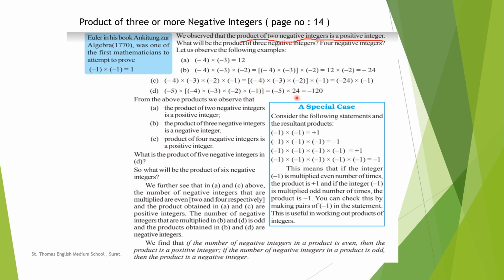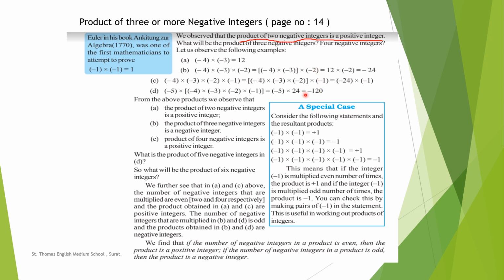So we got 24 here. Minus 5 multiplied by 24, we got 120. And one negative number, one positive number, you always get a negative integer. So when two negative integers, the answer is positive. Three negative integers, the answer is negative. Four negative integers, the answer is positive. And five negative integers, the answer is negative.